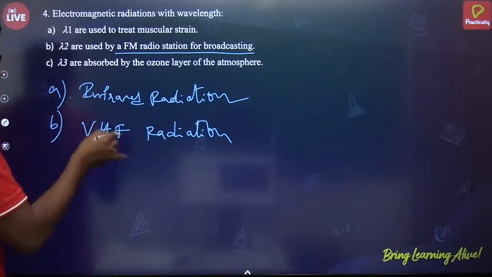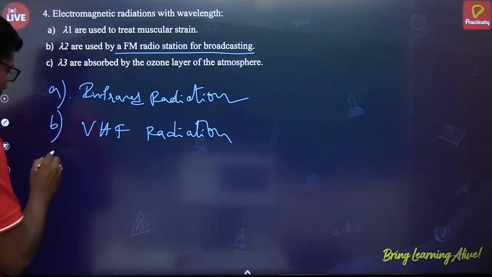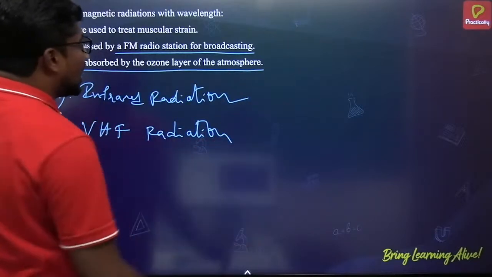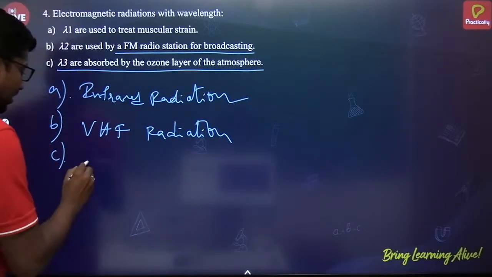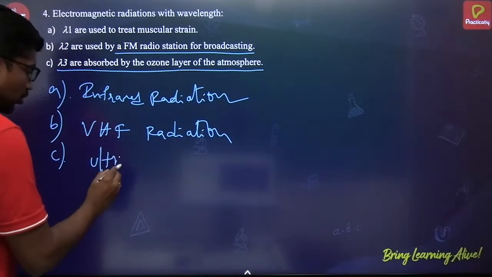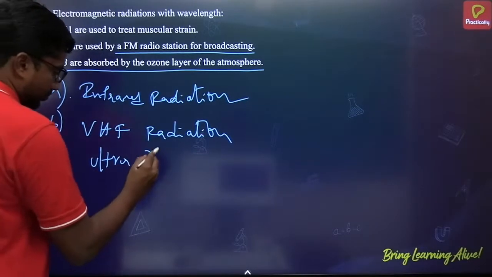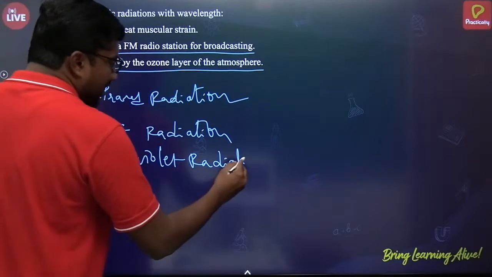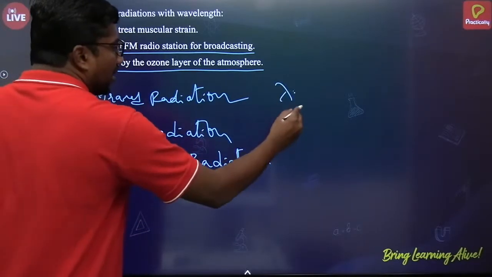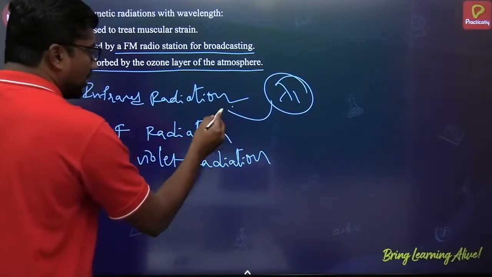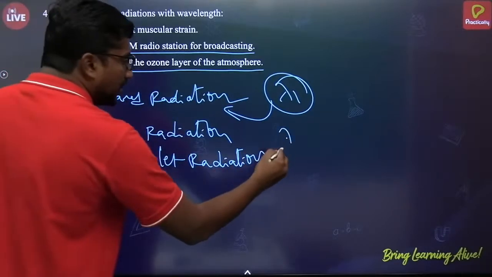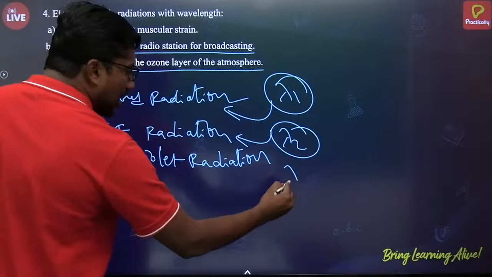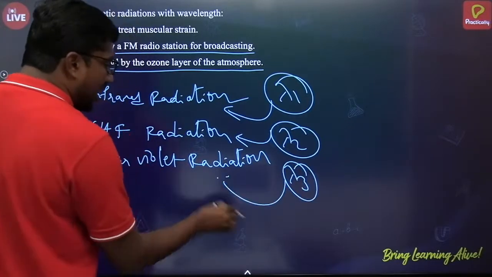So this is VHF, very high frequency radiation. And lambda 3 is absorbed by the ozone layer of the atmosphere, which is ultraviolet radiation, UV radiation. So in this question, lambda 1 corresponds to infrared radiation, lambda 2 corresponds to VHF radiation, lambda 3 corresponds to UV radiation.